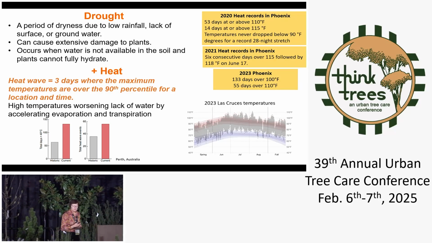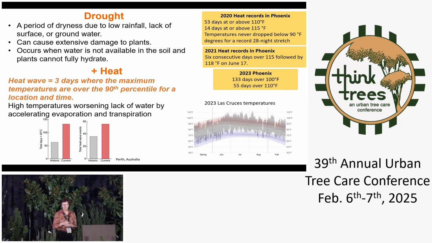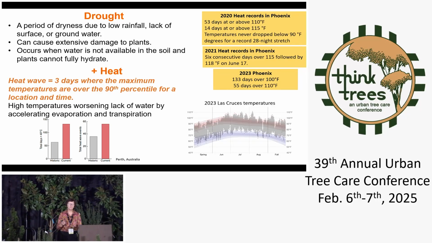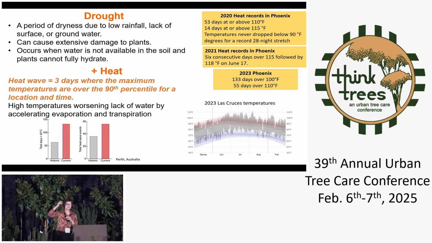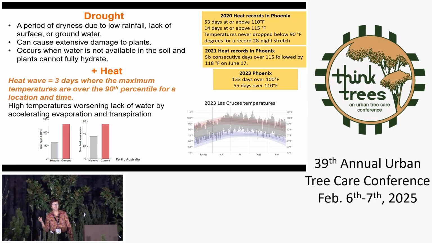What is heat? Heat is defined as 3 days when the maximum temperatures are over the 90th percentile for a location and time. So that means if it is normally, in a hot climate, let's say, 100 degrees Fahrenheit, your 90th percentile, so much above the average, but not exceeding it too much, would be like 110.